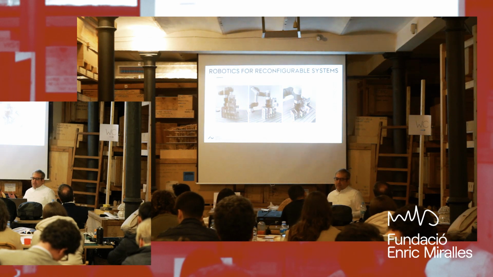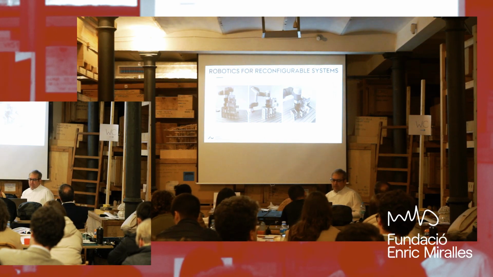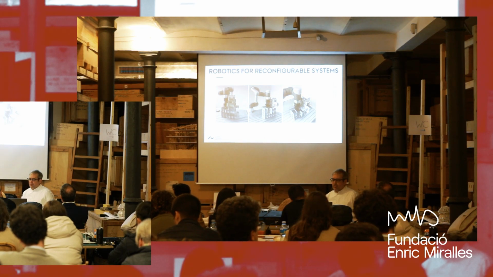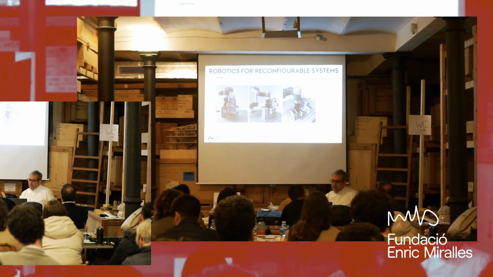So a structural system or a construction system that can grow, that can shrink, that can change. And of course, these are very early studies and also on a small scale. So if you want to bring that to a full building scale, of course, we have to think further, and there are certain implications of that.